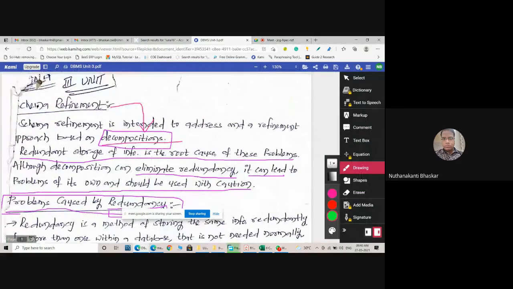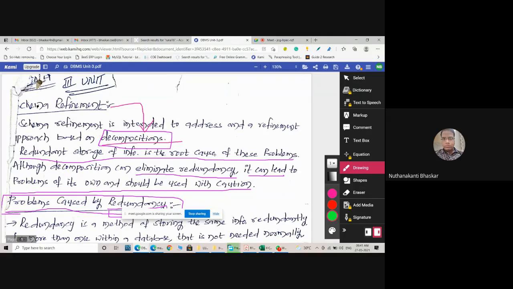So now, schema refinement. I told you the schema is nothing but a table. A table contains columns. Schema refinement means, if you don't want to use some data or columns, or if you have more redundancy, meaning the same data is there many times, we want to avoid such data. Here you have to divide the table.